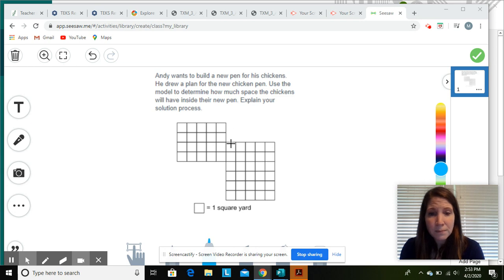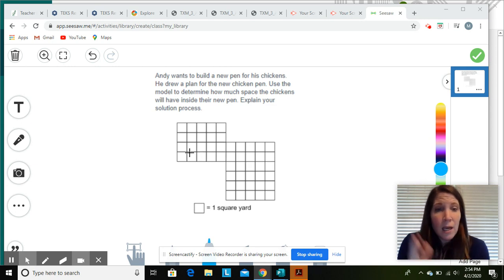Anybody know? I hope some of you said a fence, because chicken coops are all about really, really tiny fencing that goes all around the outside of the coop in order to keep the chickens in. But today we're just talking about the area.